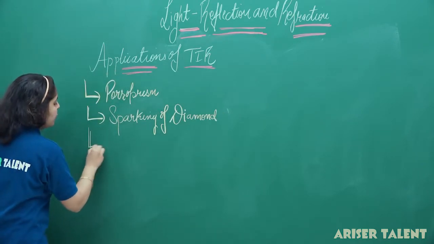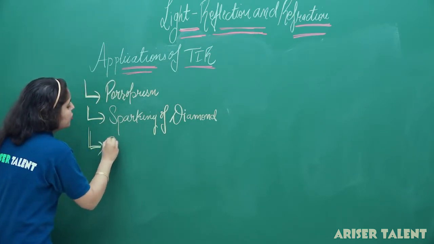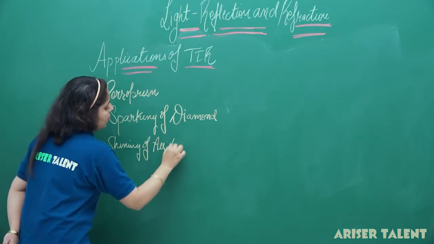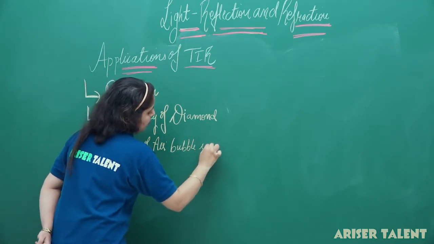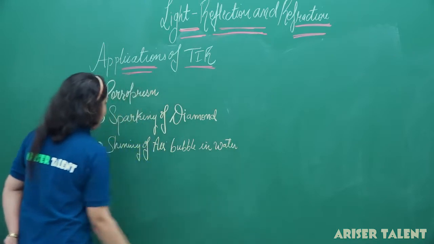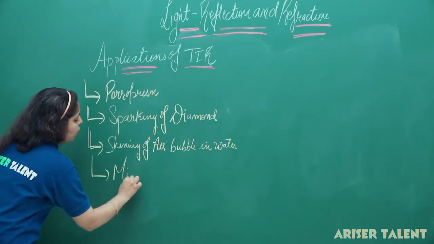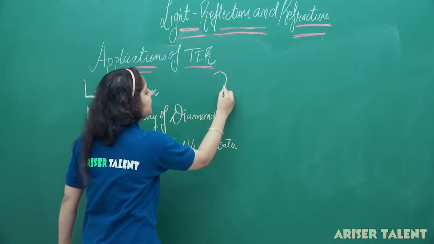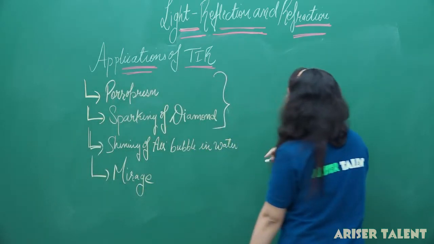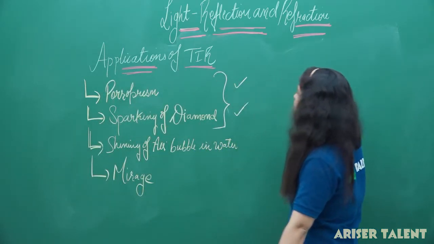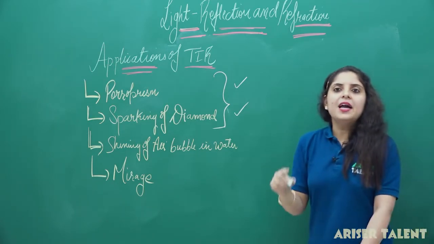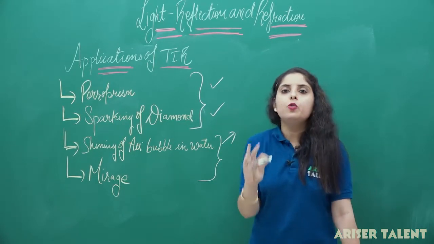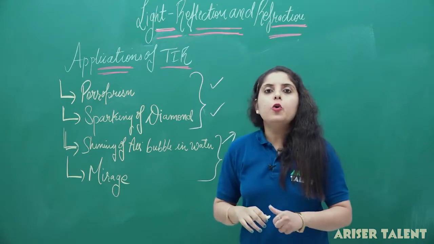The third thing we are going to observe today is the shining of air bubble in water. And the last one is the mirage, which is an optical illusion. These two topics, what a porro prism is and the sparkling of diamond, we discussed in our previous lecture. Now in today's lecture, we are going to start with the shining of air bubble and the mirage, and these are again two very important phenomena based on total internal reflection.